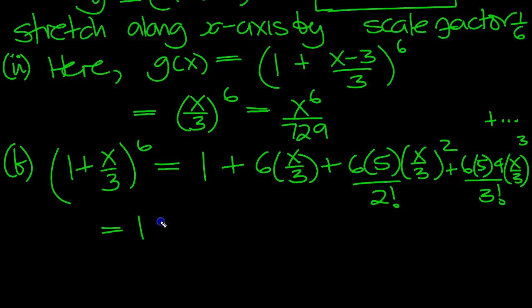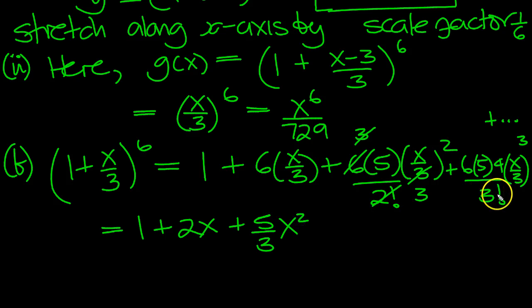So that's equal to 1 plus 6 over 3 is 2, 2x. Here, what have we got? A 2 goes into 6 3 times. One of these 3's will cancel and just leave a 3. So we get 5 over 3 x squared.